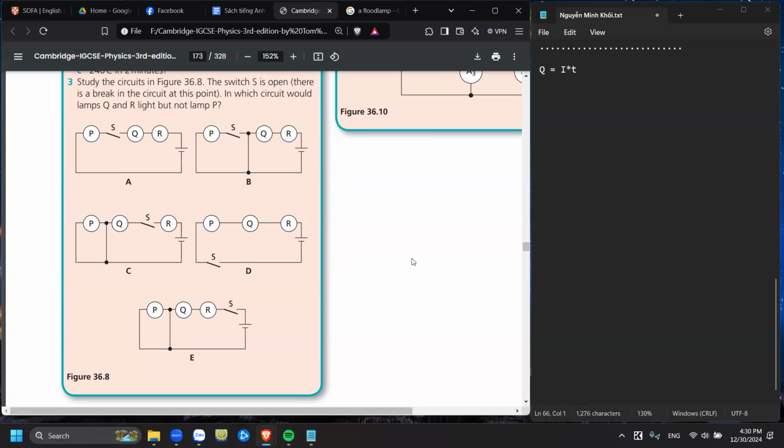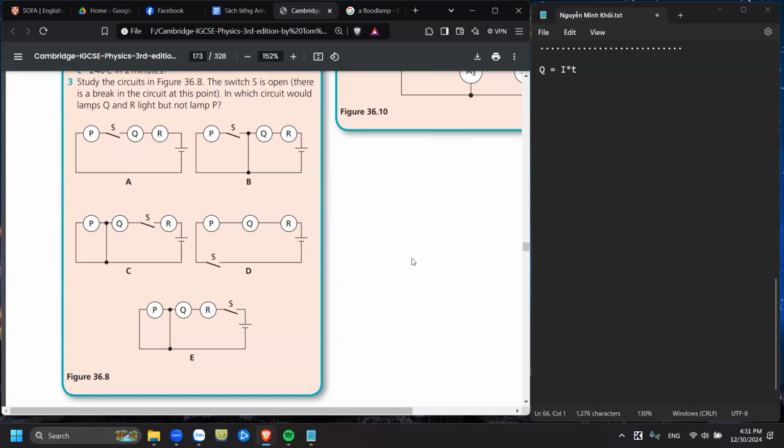Which one? No, you have to think. In which circuit would lamps Q and R light, but not lamp P?